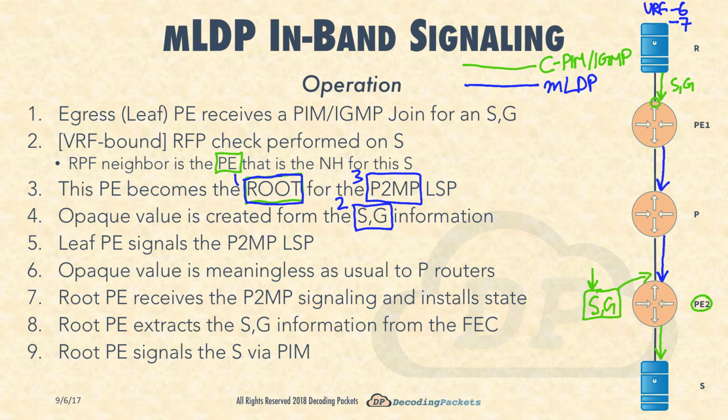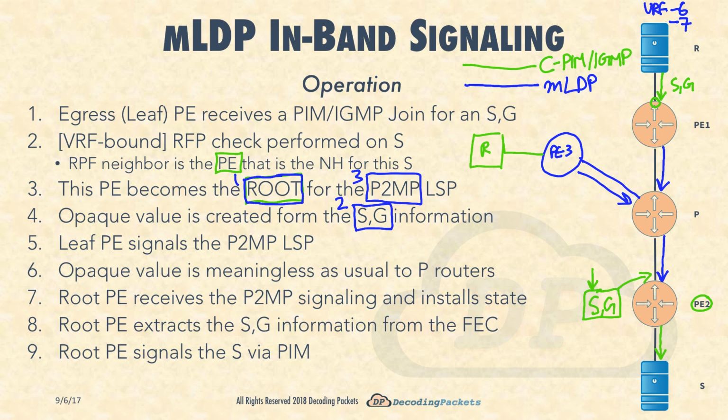And this could be multiple leaves doing it. So there could literally be another PE over here, maybe call it PE3, that is signaling the same information. So maybe it has another receiver that sits behind it that needs the same sort of information. So whatever have you, this is going to be a multicast state.